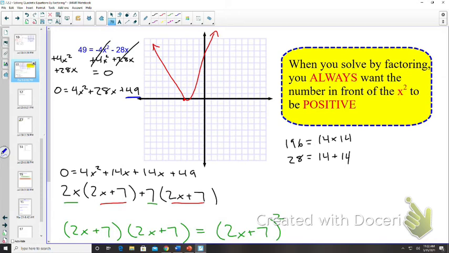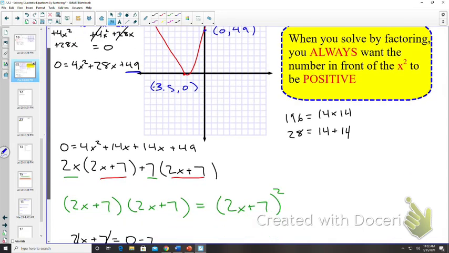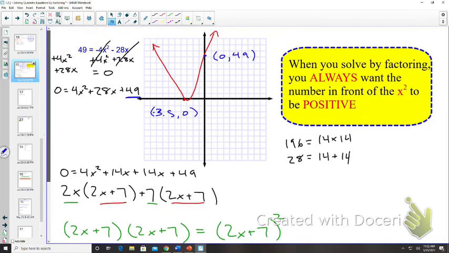Where you are on the graph, your y-intercept. My y-intercept, 0, 49. The x-intercept is negative 3.5 and 0, and I guess that would be a vertex too. All right, moving on.